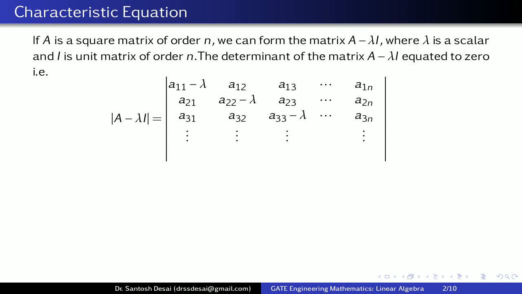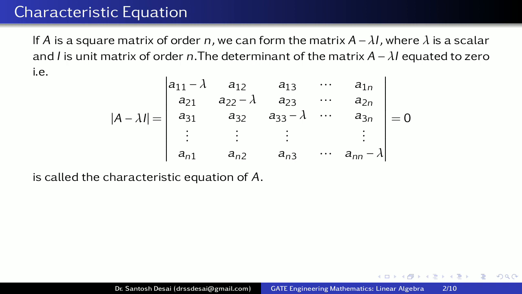Continuing in this way, the last row is an1, an2, an3 and so on, ann minus lambda. Equate it to 0 and simplify this, we will get one equation, and that equation is called the characteristic equation of the given matrix A.